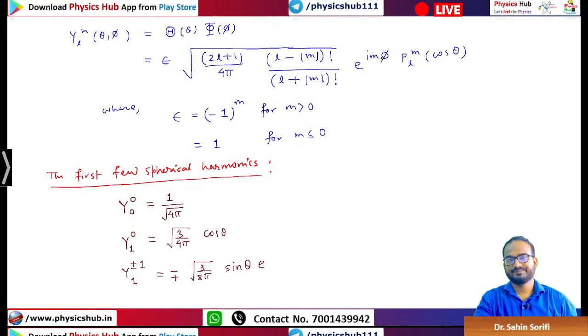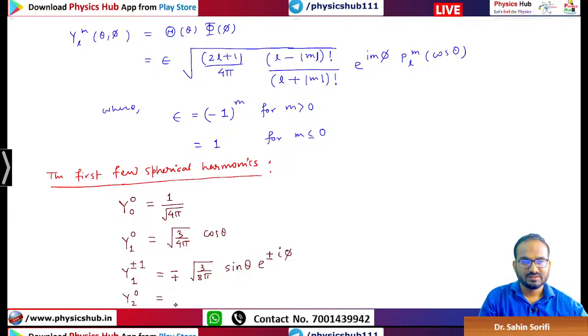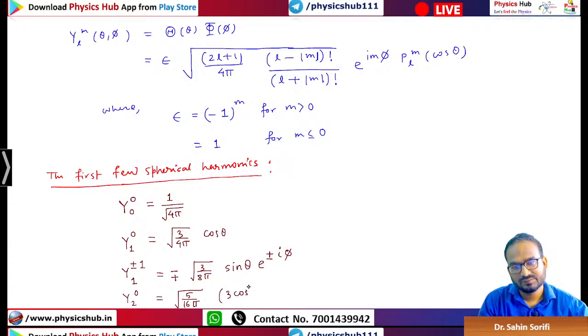You see, m is equal to plus minus 1, so plus minus i phi will come. Next, if you take Y 2 0, m is equal to 0 again, so obviously the exponential dependency will not be there. So this is square root of 5 by 16 pi times (3 cos square theta minus 1).